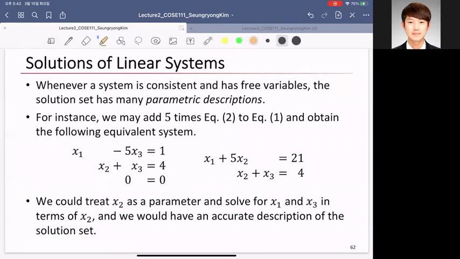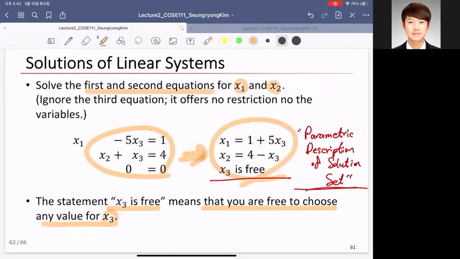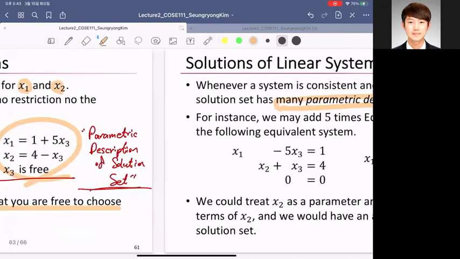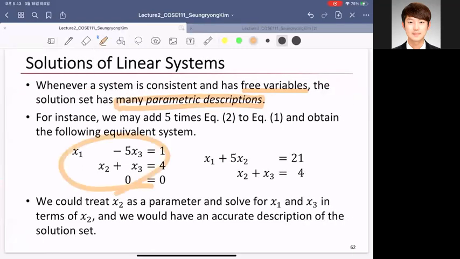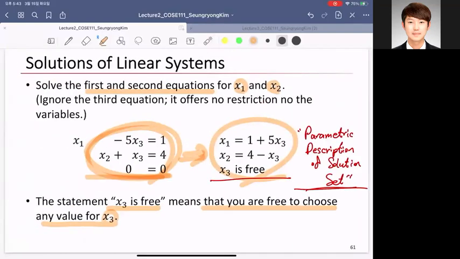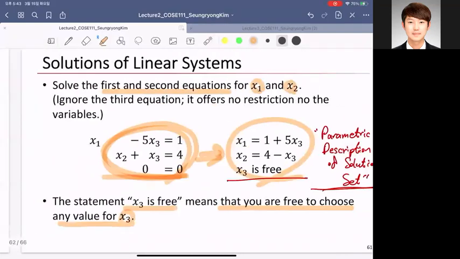So, in other words, whenever a system is consistent and has a free variable, then the solution set has many parametric descriptions. For example, maybe you can represent your original matrix like this. So how? By adding row 3, I mean the last equation here. Right?